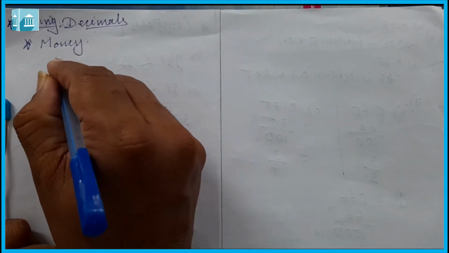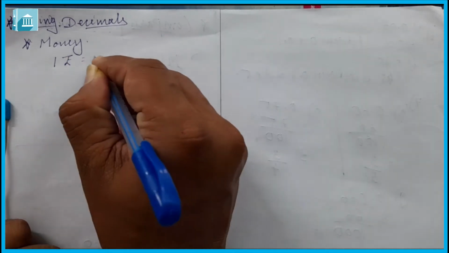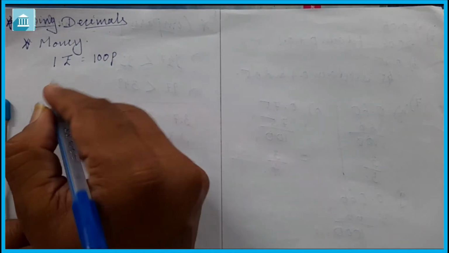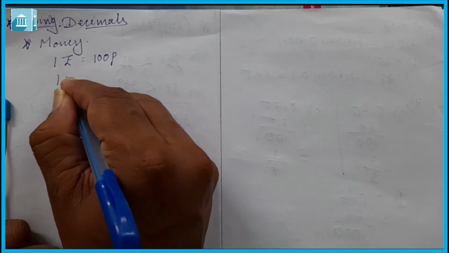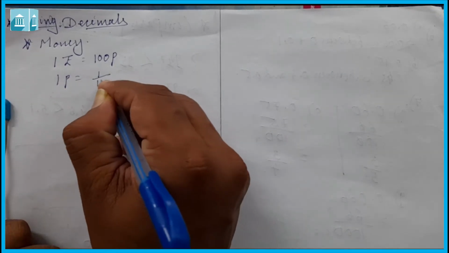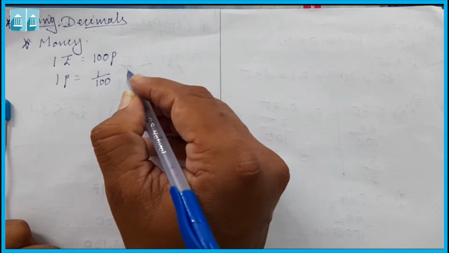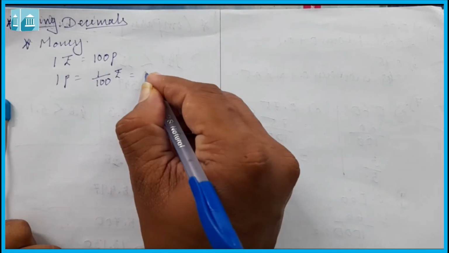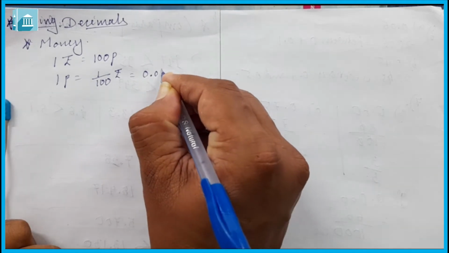In money we all know that 1 rupee is equal to 100 paise. So we can say that 1 paise is equal to 1 upon 100 rupees, which is equal to 0.01 rupees.